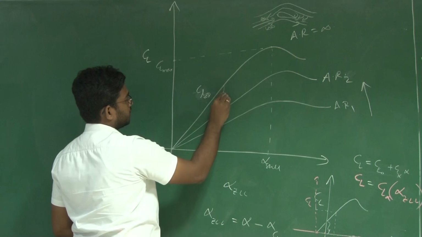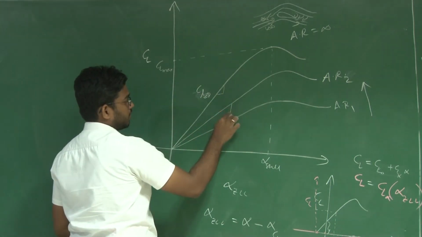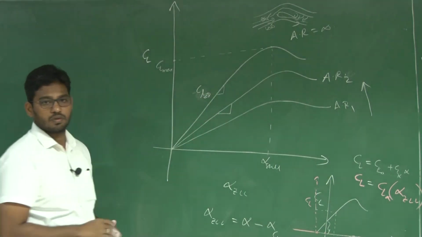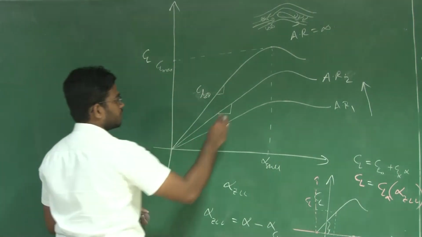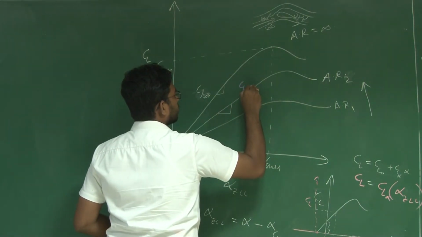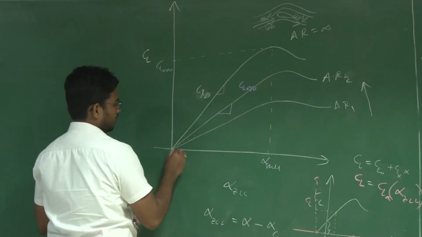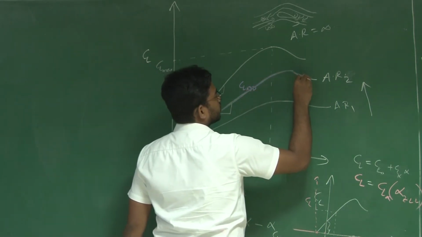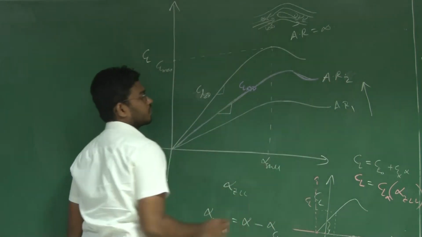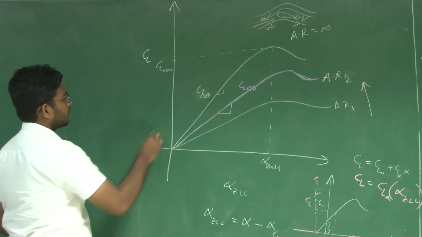Here you can see there is a steeper slope, and a lesser steepness compared to that of the airfoil. Now let this be CL alpha 3D for aspect ratio 2, with a finite aspect ratio.